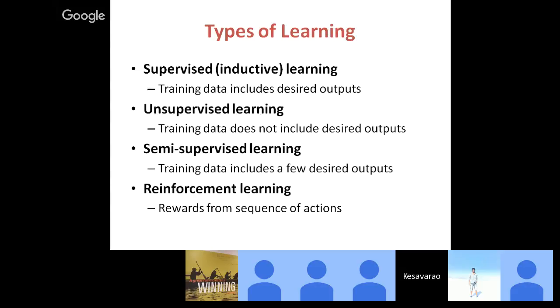When you have enough training data, you can go with supervised learning. Sometimes you may not have enough training data, so you may go for unsupervised learning. Especially with unstructured data, you may not be able to recognize what type of data it is. If you can recognize it easily, you can go with supervised learning.